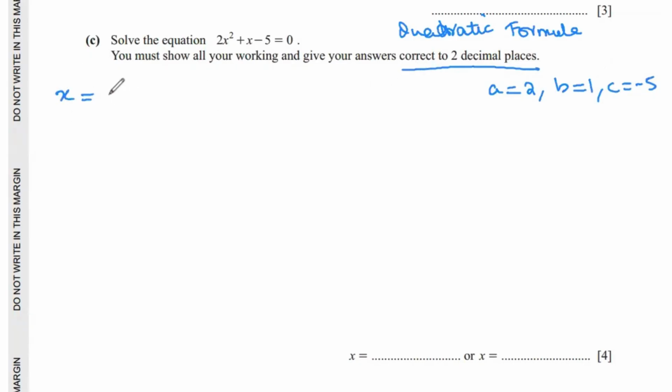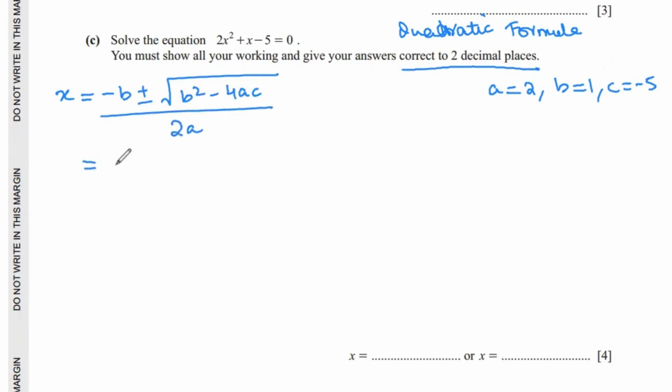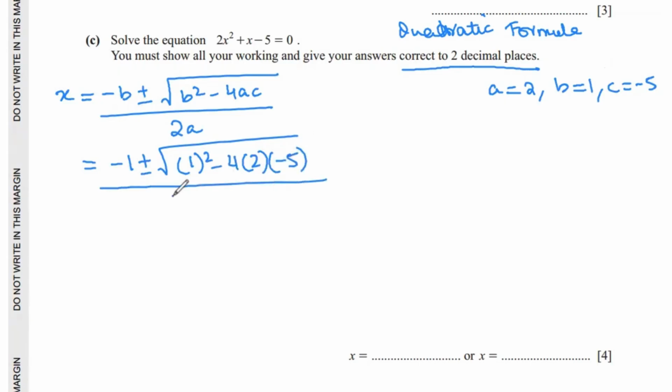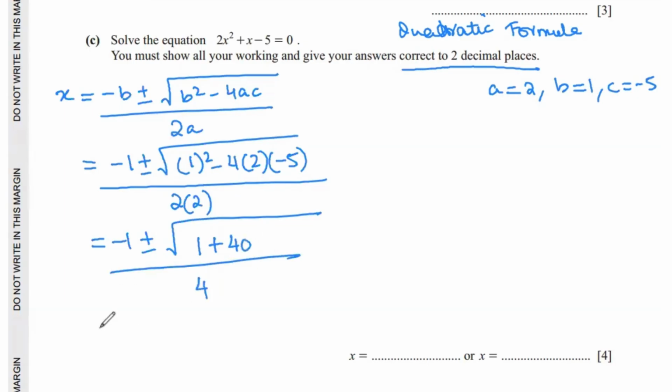So substitute these values in the quadratic formula, which is negative b plus minus root of b squared minus 4ac over 2a. So minus 1 plus minus root of 1 squared minus 4 times 2 times negative 5 over 2 times 2, which is negative 1 plus minus root of 1 plus 40 over 4, negative 1 plus minus root of 41 over 4.